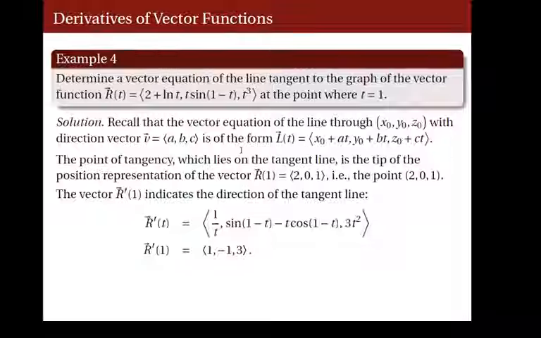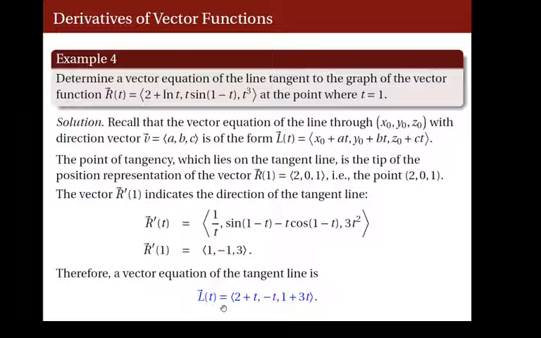And so we will get L of t equal to 2 plus 1 times t, and the second coordinate will be 0 plus negative 1 times t, and the third coordinate will be 1 plus 3 times t. And so the tangent line is given by the vector valued function 2 plus t, negative t, 1 plus 3t.